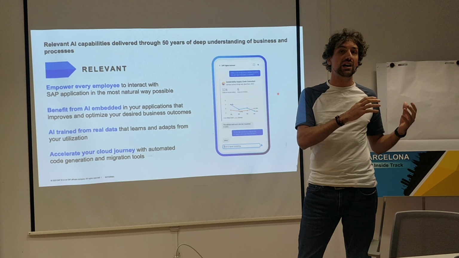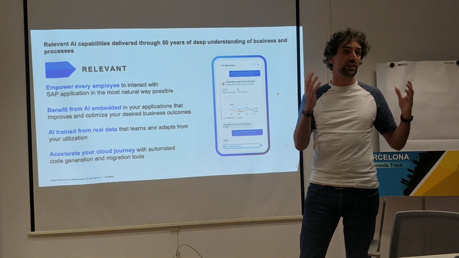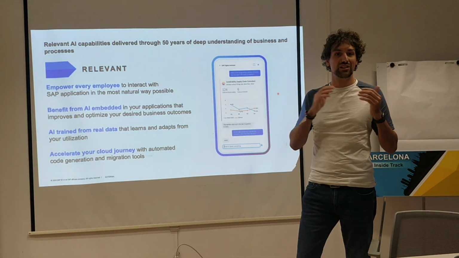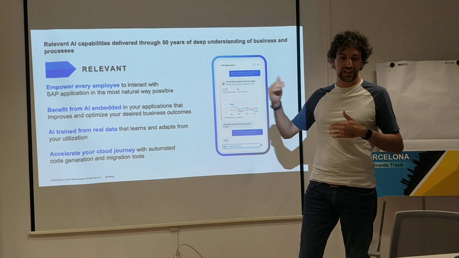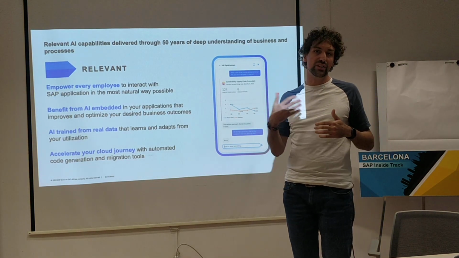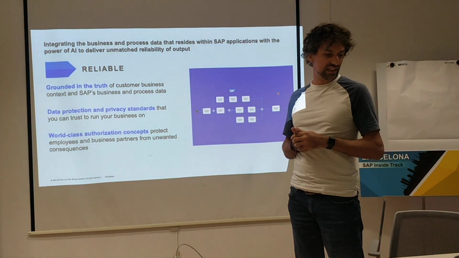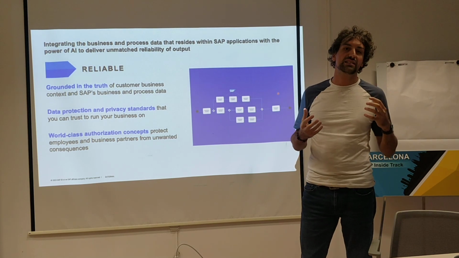The models we have right now available are general purpose models that have been trained with a lot of data. Not necessarily including business data, SAP related data. And that's why, in order to become relevant, it will have to be trained also with SAP business data. The second one is reliable, which has two sides again.